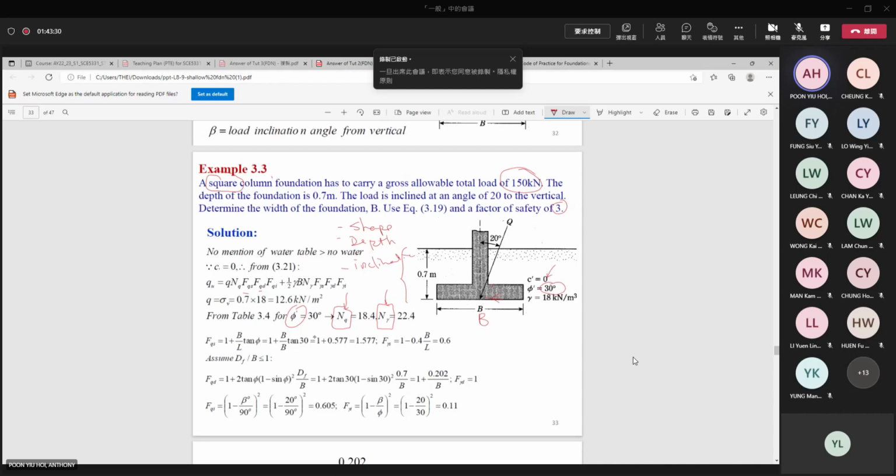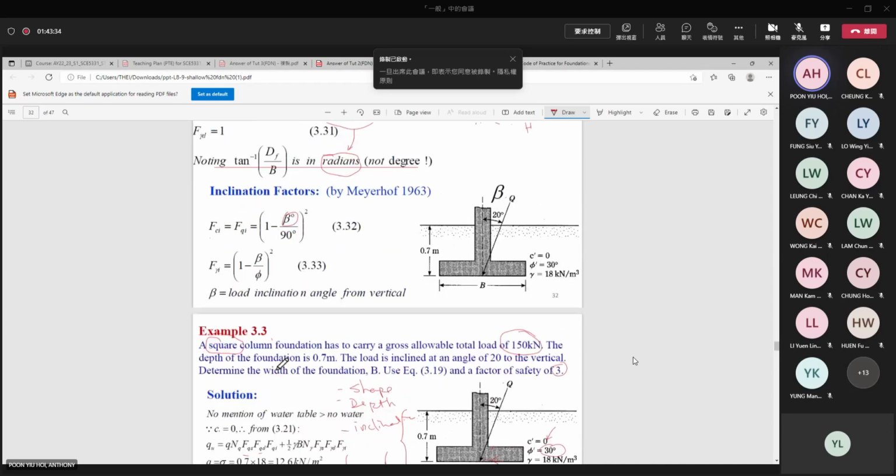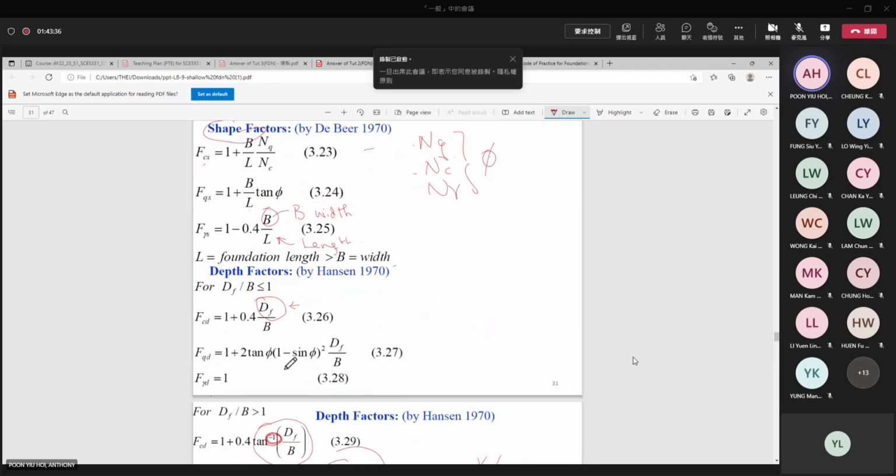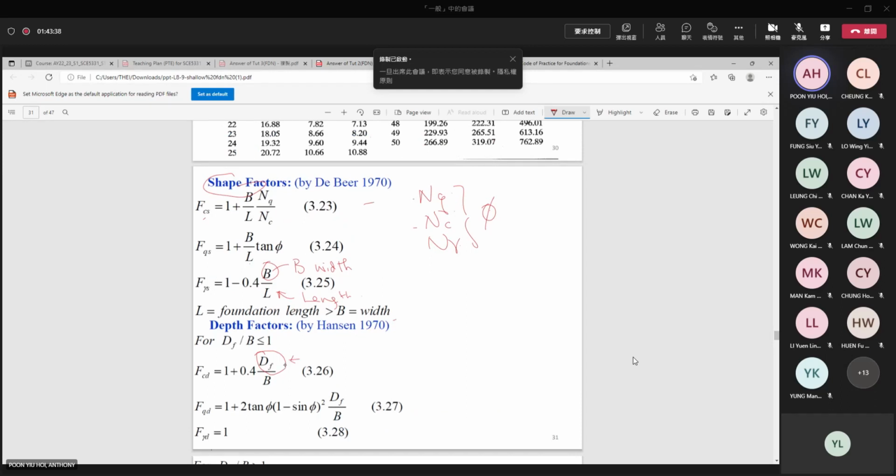Okay, so first of all, we look at the shape factors. The shape factor formulas: cohesion C is 0, so this term can be ignored, since anything multiplied by 0 is 0. Okay, so these are the shape factors.